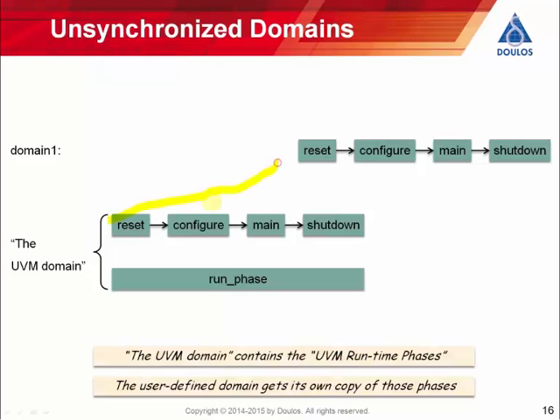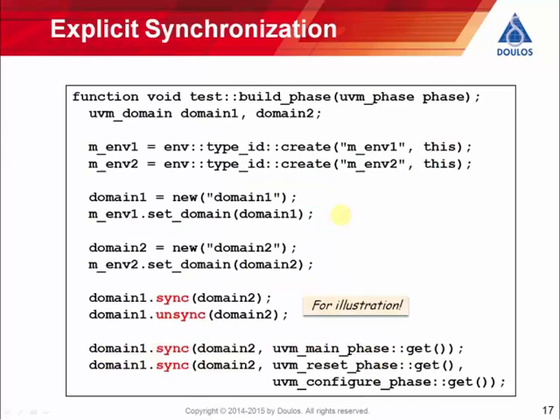So the basic fact about domains in UVM is if you've got independent domains, then the runtime phases are not, by default, synchronized across those two independent domains. But we can choose to bring them into sync. And that's the real sweet spot of all of this stuff. We've got explicit control over how we choose to synchronize or not the phases across these domains.